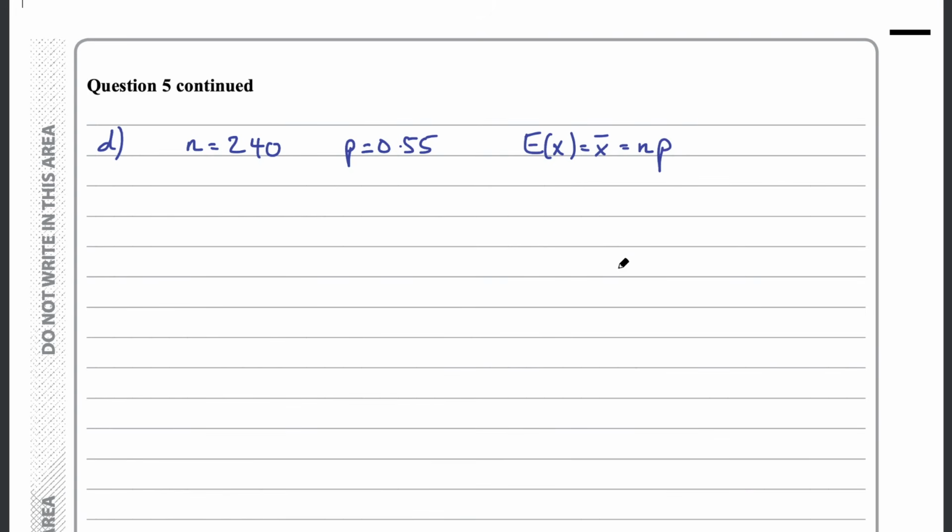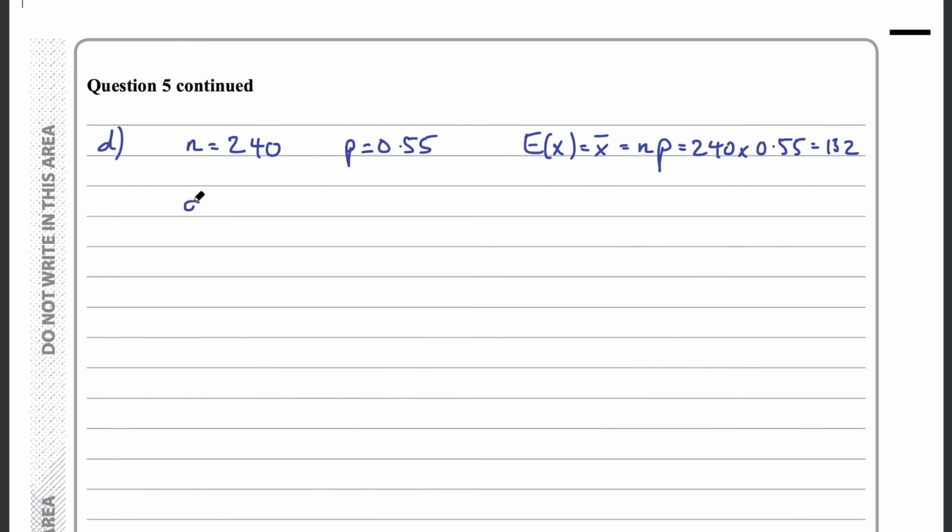And you know this is true if you think of a coin flip, for example. If you flip a coin 4 times, probability of success of, say, heads is 0.5, you'd expect to get 2 heads. So this is pretty straightforward. So this is going to be 240 multiplied by 0.55, and if we do that calculation, we get 132.